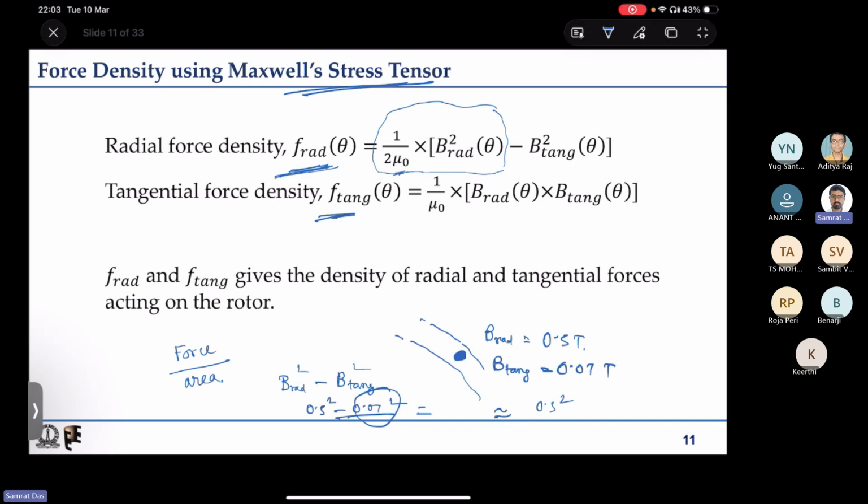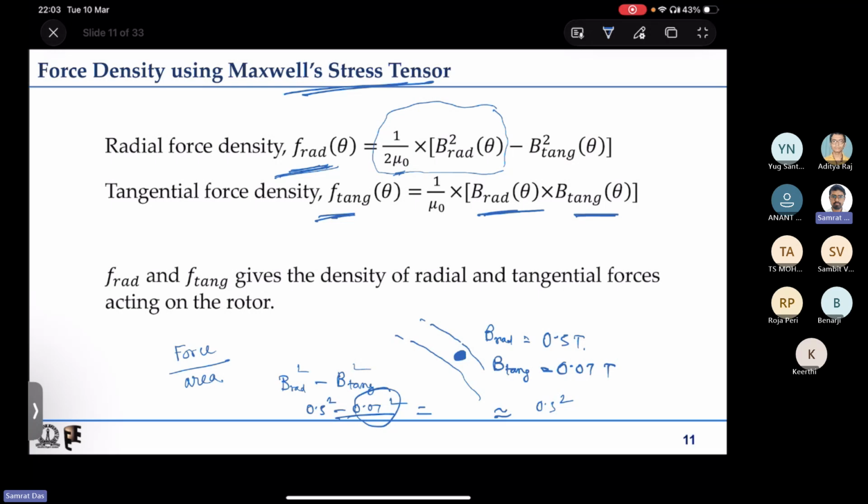But for the tangential force density, the expression says that it is 1 by mu naught B rad into B tang. So this is a multiplication.